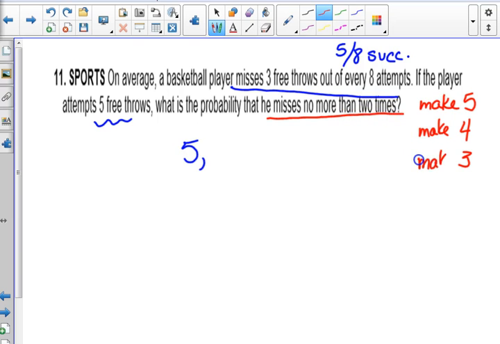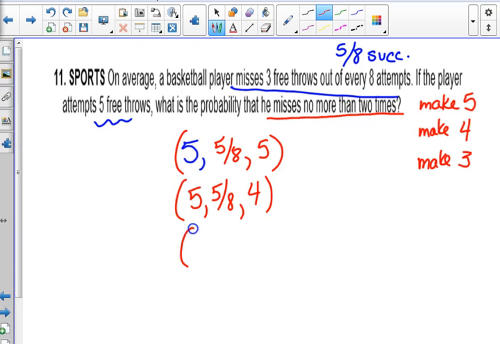So we need to find the probability that he makes 5, 4, or 3 and add them together. So we're going to do 5, 5/8, 5, that he makes all 5, 5, 5/8, 4, and 5, 5/8, 3, and add those probabilities together.